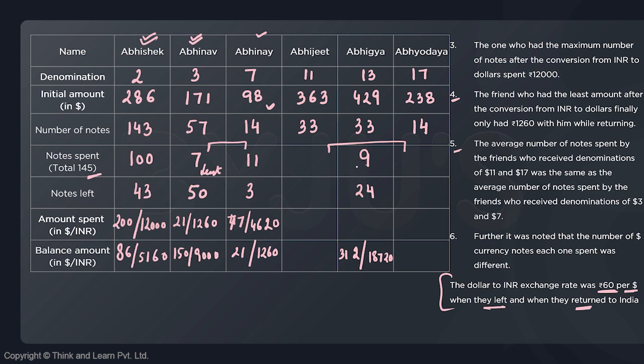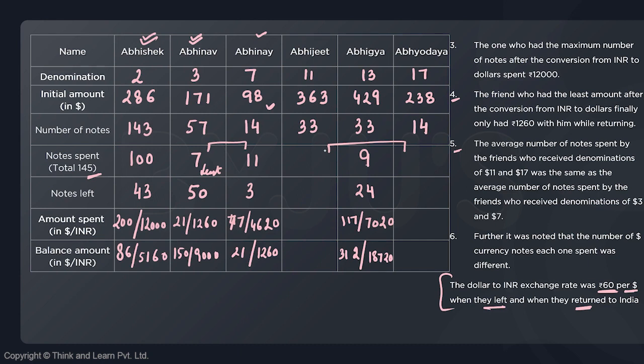Also, he has spent 9 notes, each of denomination 13, so he has spent $117. How much is that in rupees? 6 sevens are 42, 4, 6, plus 4, that is 7020 rupees that he has spent.